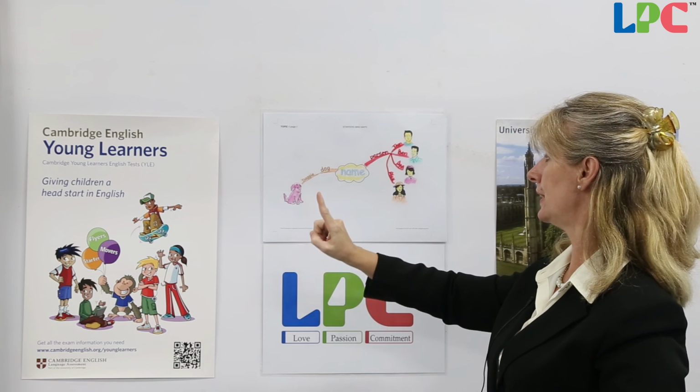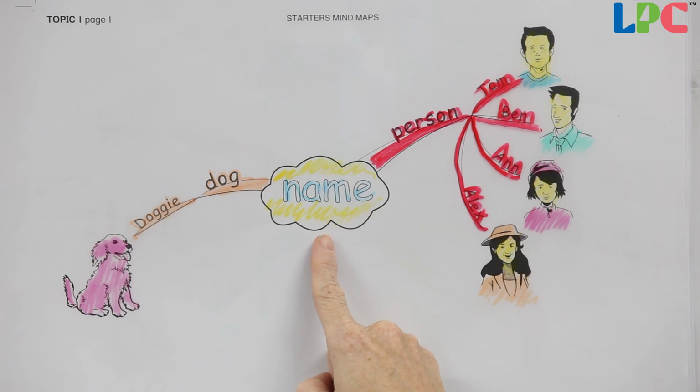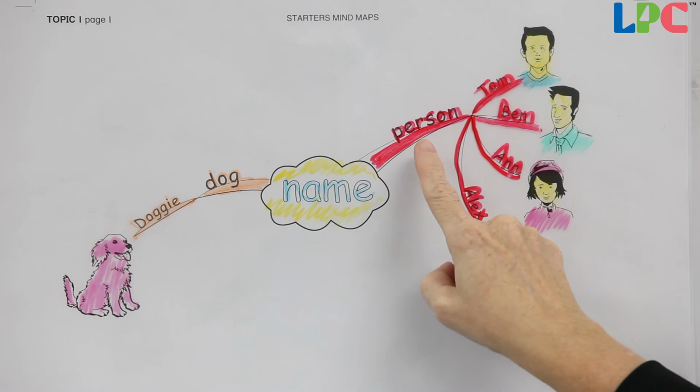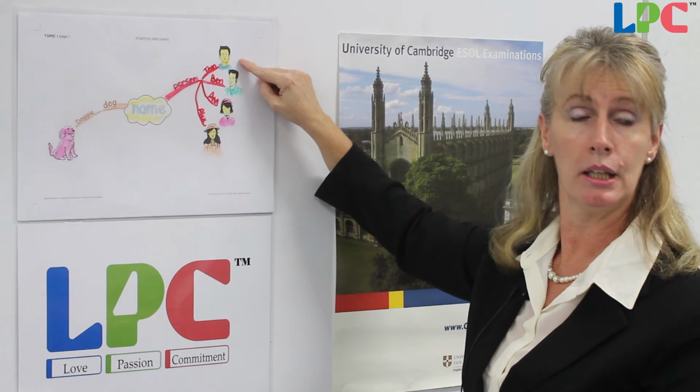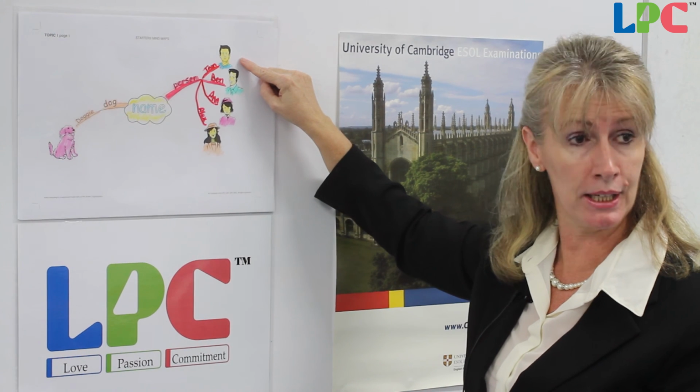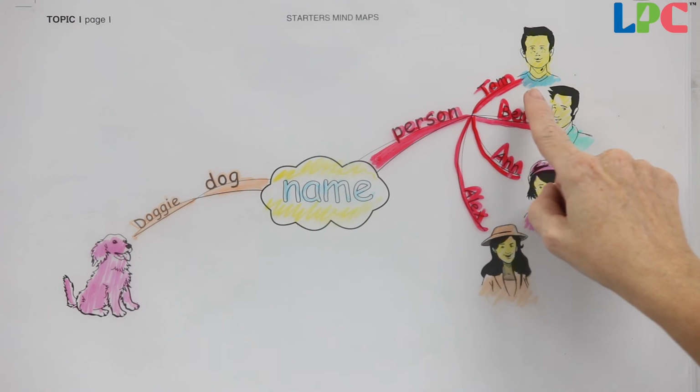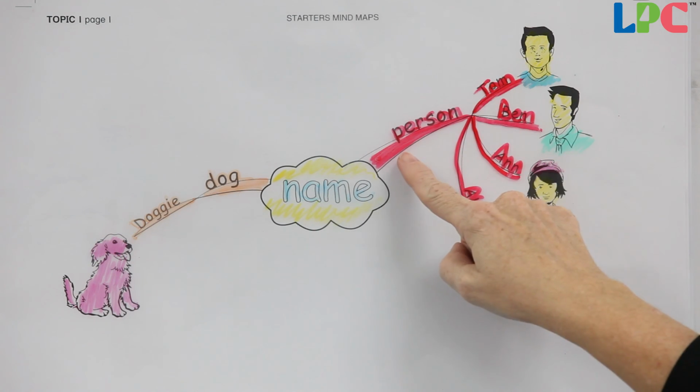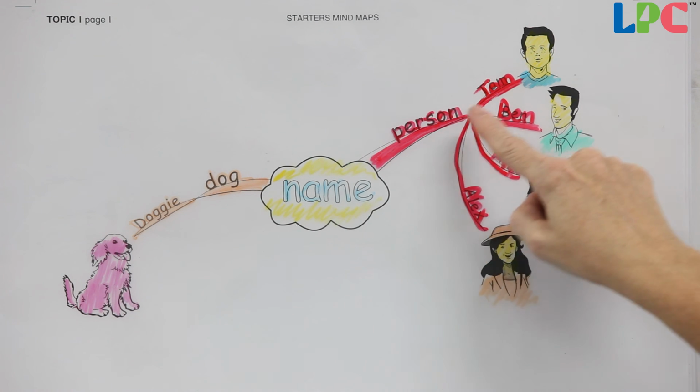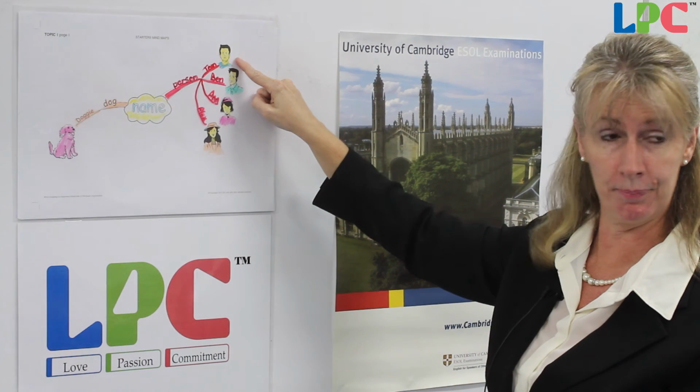Okay. Reading finger on name and person. He is a person. He is Tom. He is a person. He is Tom.